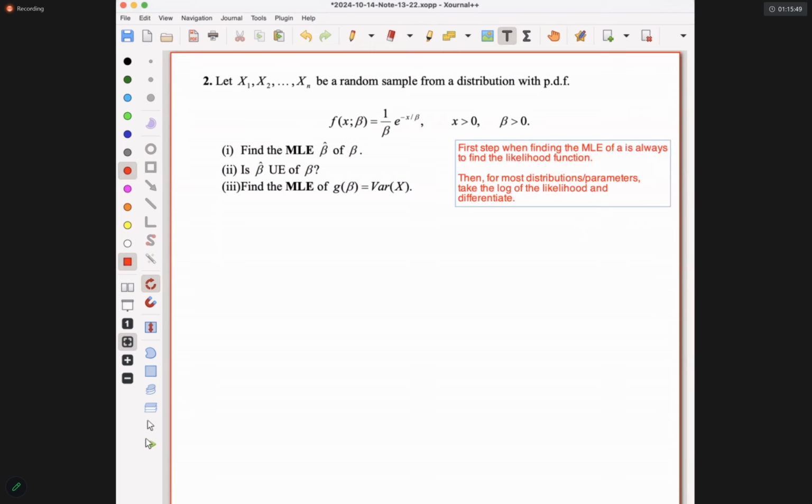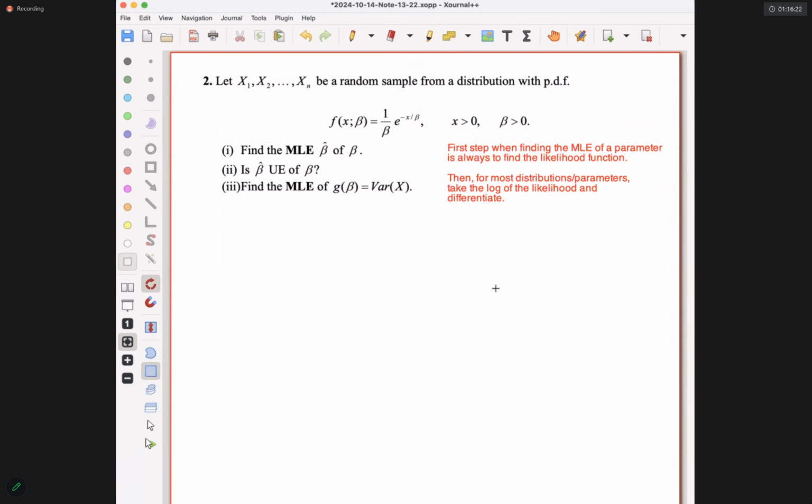And I'll say this is the maximum likelihood estimator of a parameter. So if it's a function of a parameter, like we just saw in 1C, we can just use the maximum likelihood estimator of the parameter, plug that into the function, and that gives us the MLE of the function itself. But when we are looking for the MLE of a parameter, we need the likelihood function to start with.